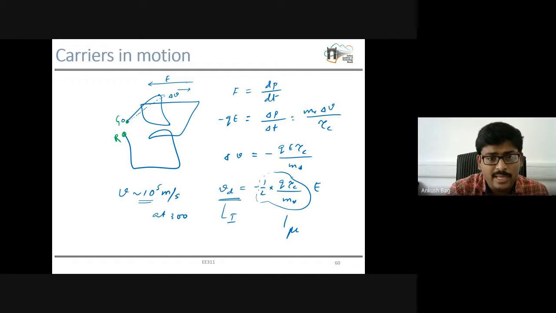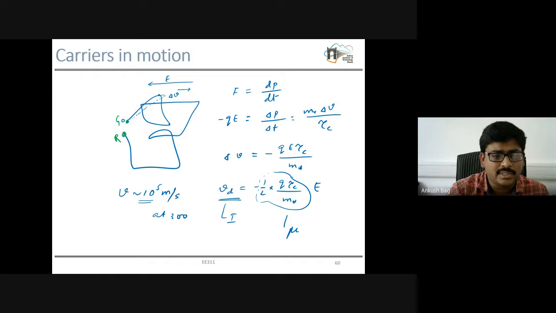Now if we apply a certain electric field, what will happen? This random path will take on some directed component. This dotted line shows the path of the carrier or electron after applying the electric field. So what is that velocity? That is the delta v. Why this delta v?